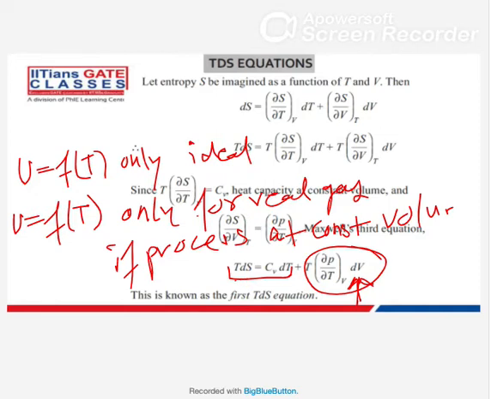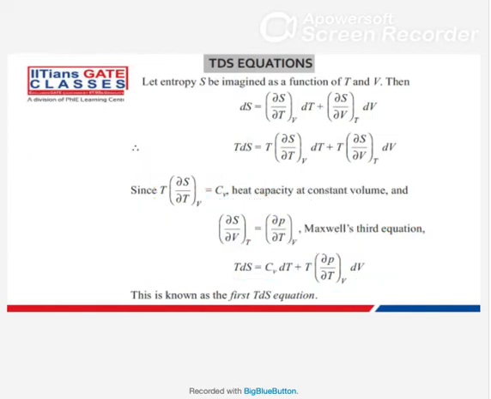Otherwise, for other processes, for real gas, it is not only a function of temperature. We are not trying to derive a relation for real gas, but this TdS equation is helpful in understanding this particular concept.